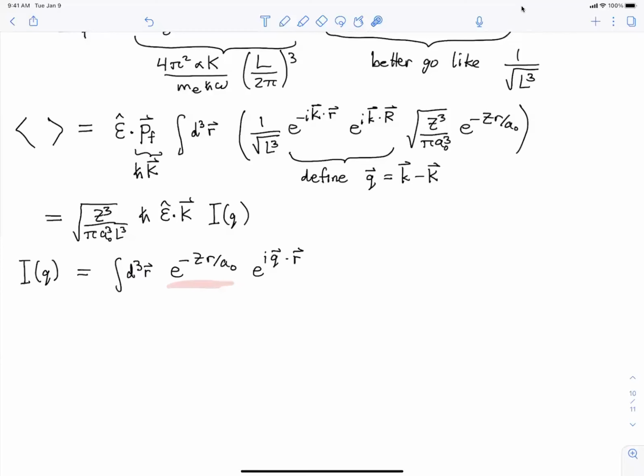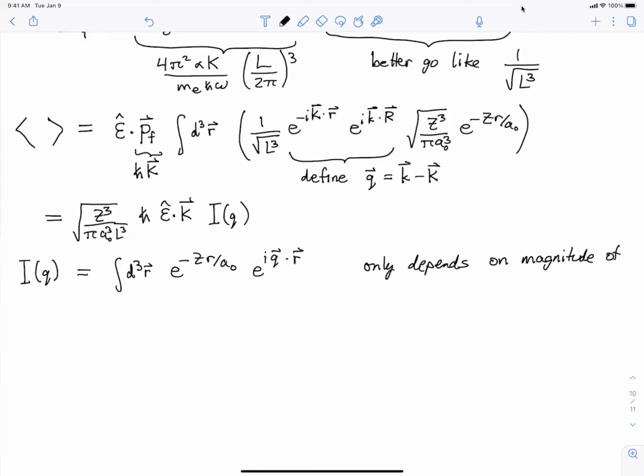If I change my direction of Q but keep its magnitude the same, nothing will change. Another way of saying that is this only depends, once I do the integral, on the magnitude of Q.